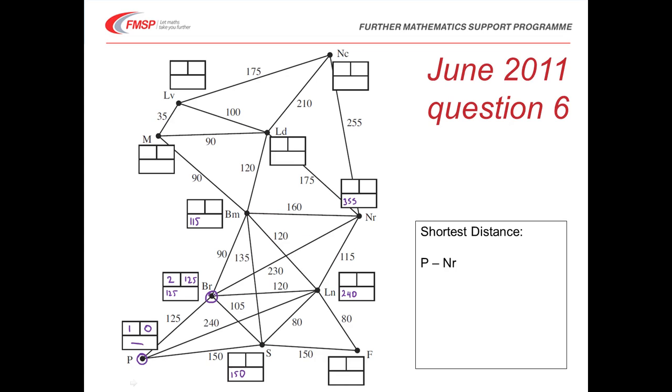Where else can I go? 125 plus 120 is 245. Now I don't enter that value because there's a better value already in the box. And then 125 plus 105, well, that's 230, and I've already got a much better value in the box there. Okay, now step back, look at all the working values and pick the best one. That's the 115.